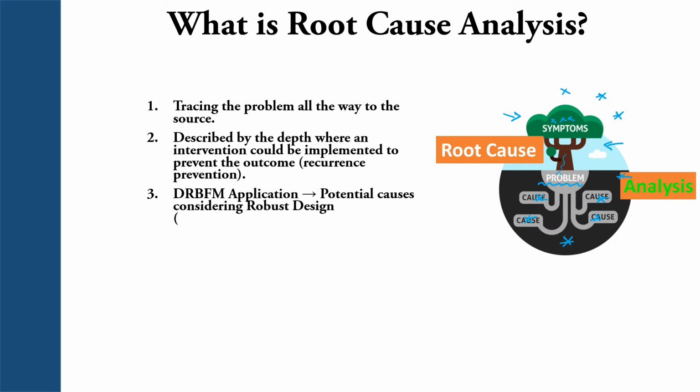So in DRBFM, you are basically taking each part in terms of the part design and in terms of the part interaction with the neighboring parts and the neighboring systems and assemblies. And when you think there is a problem or a cause or symptoms to a problem, then you follow all the details in that part until you find the potential cause.